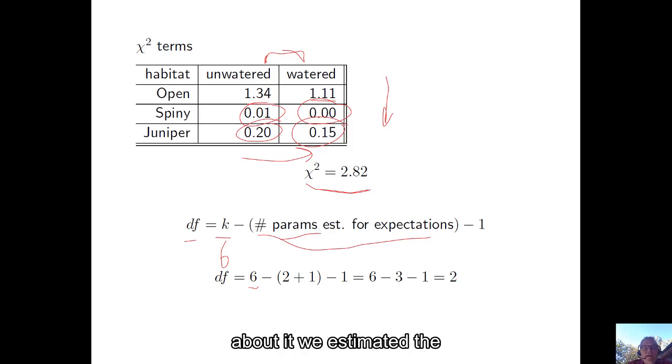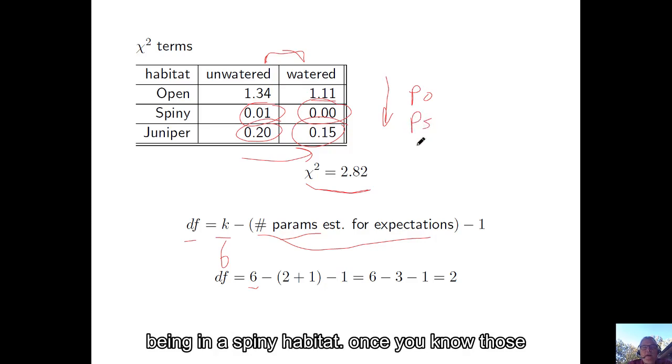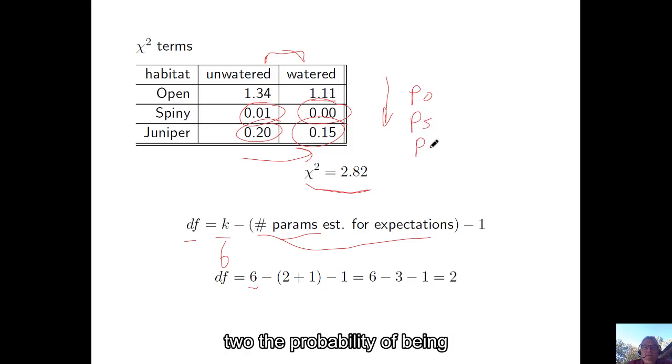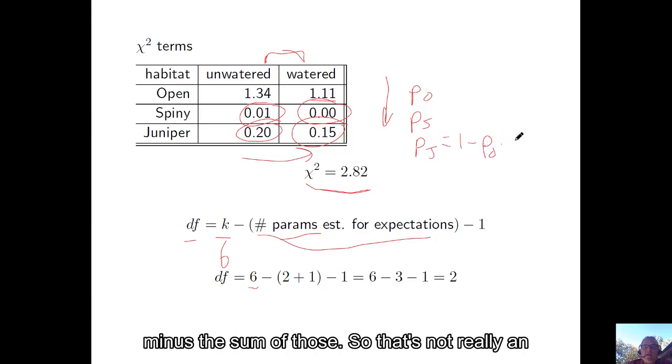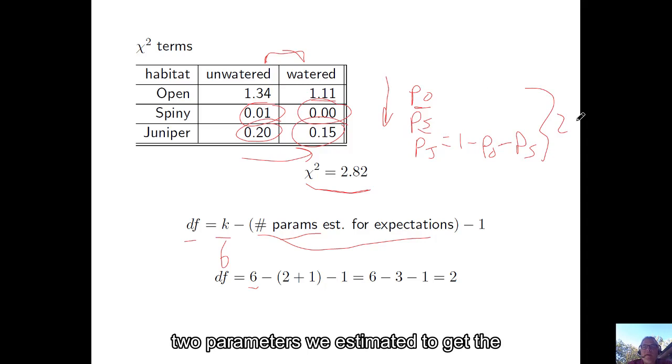So if we think about it, we estimated the probability of being in the open habitat, and we estimated the probability of being in the spiny habitat. Once you know those two, the probability of being in the juniper habitat is just 1 minus the sum of those. So that's not really an extra parameter. That's something that we know if we know these two. So this is 2 parameters we estimated to get the probabilities for the rows.